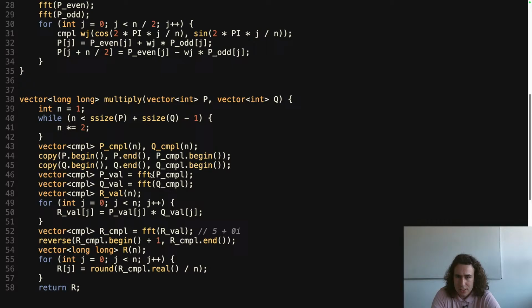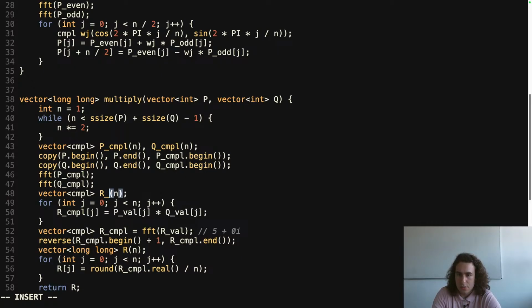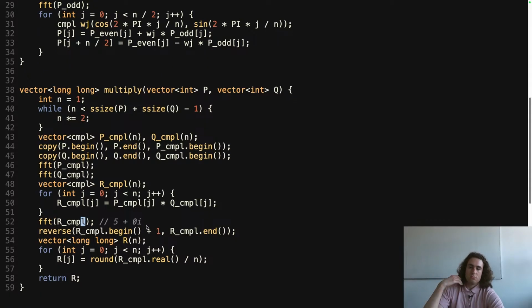Now here we also calculate it in place, so we also get fewer vectors. Quickly replacing all this stuff. Now we do FFT on R. Looks awesome.